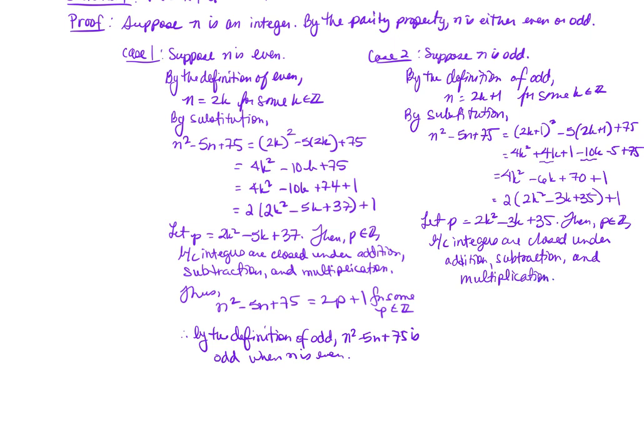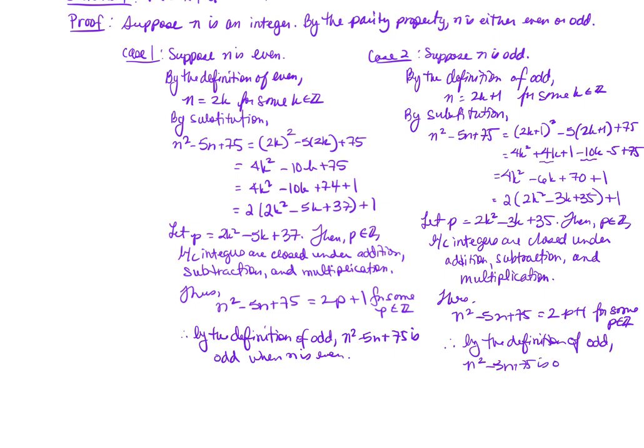So continuing our simplification, we would say thus n squared minus 5n plus 75 is equal to 2p plus 1 for some p in the set of integers. And therefore, by the definition of odd, n squared minus 5n plus 75 is odd when n is odd.